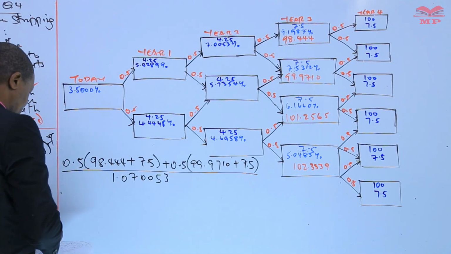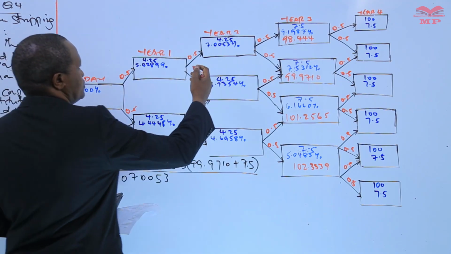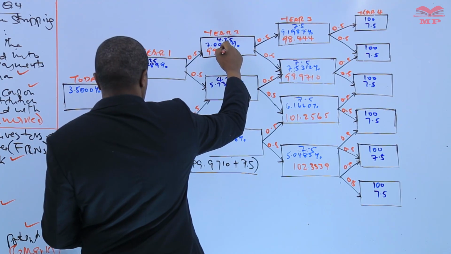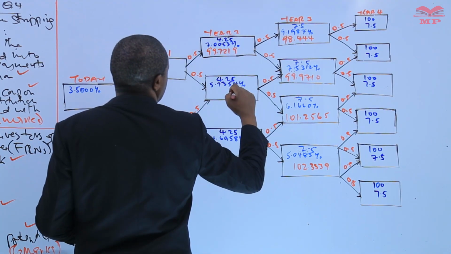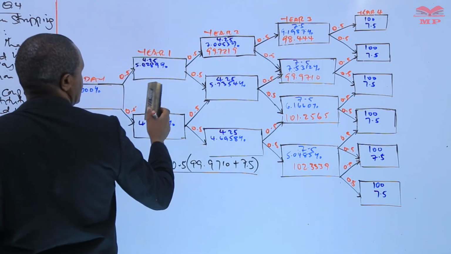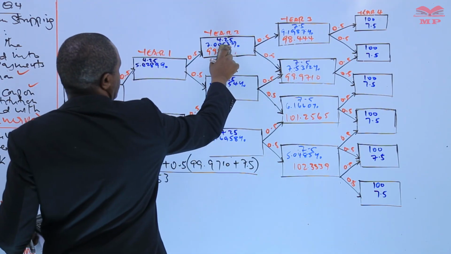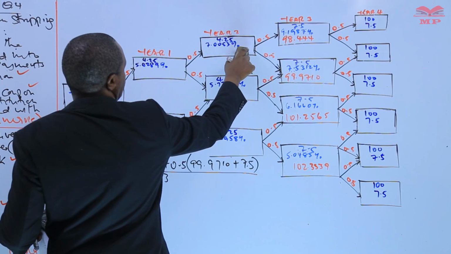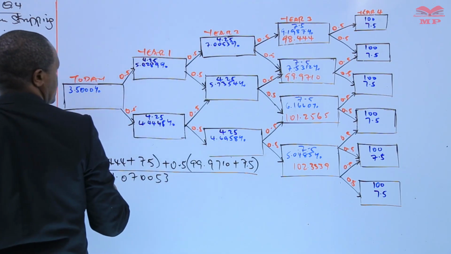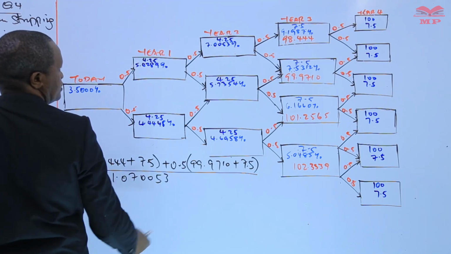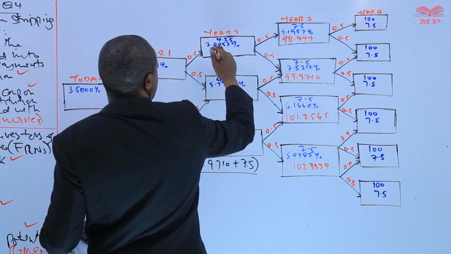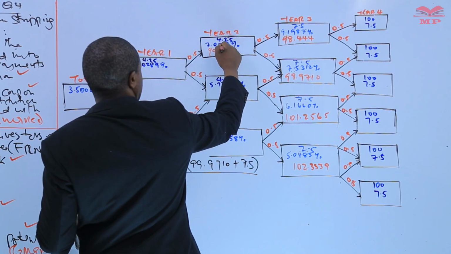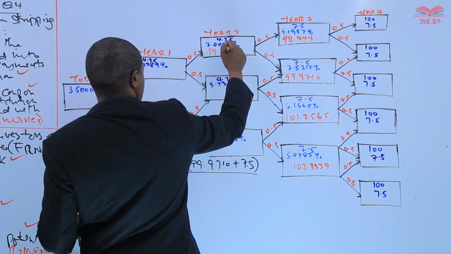That will be equal to this. I should not write here, but I should write these two should be equal to 99.7219.